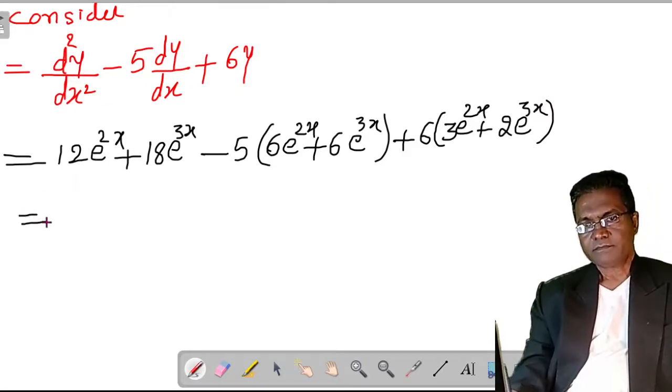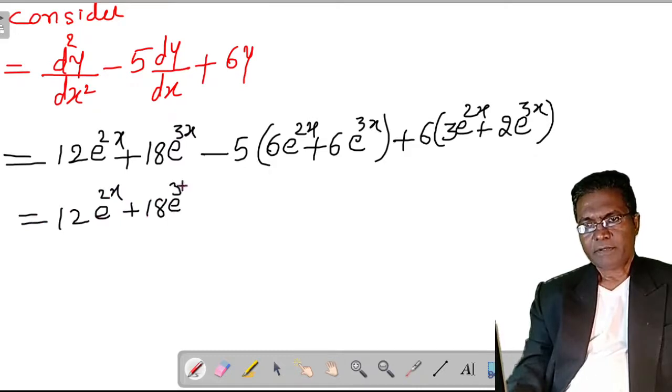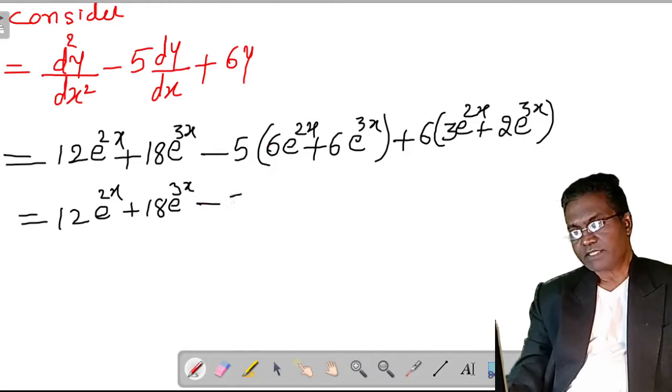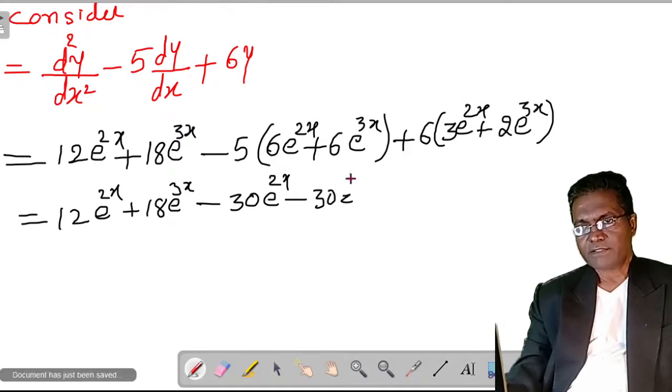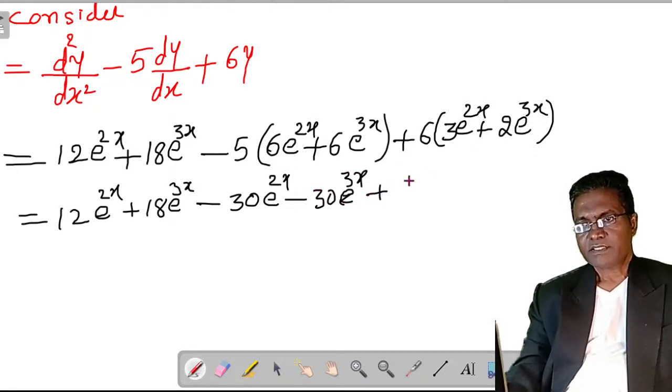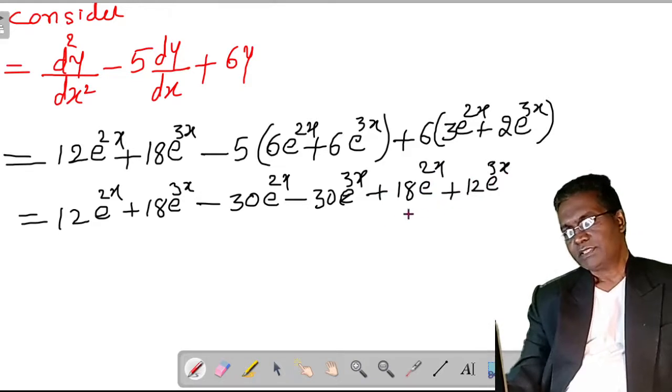Simplify. 12 e power 2x, 18 e power 3x, minus 5 6s are 30 e power 2x, plus into minus minus 30 e power 3x, plus 6 3s are 18 e power 2x plus 12 e power 3x.